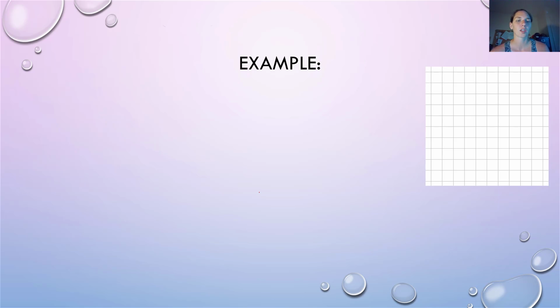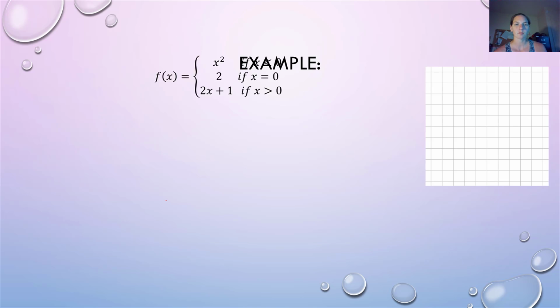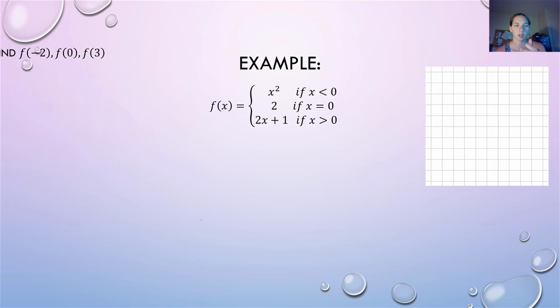A couple of examples. Here's our function. Nice and big, it's got lots of pieces to it. But this helps us that they're all the same value, so that'll actually come into play as we go along. All right, we need to find f of -2, f of 0, and f of 3.